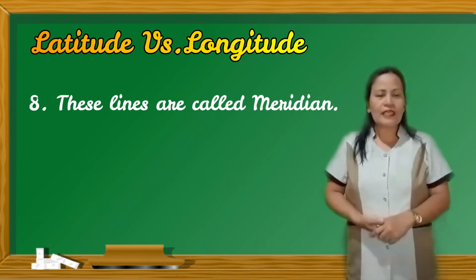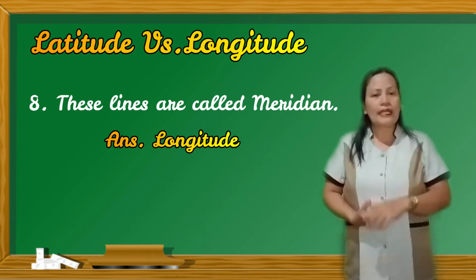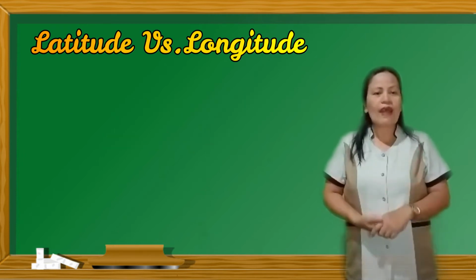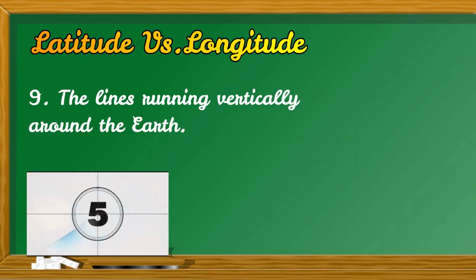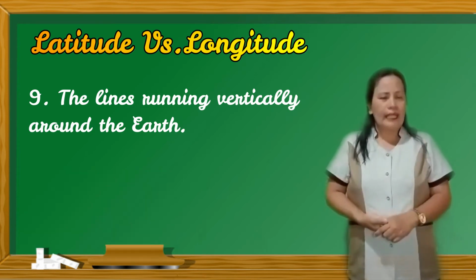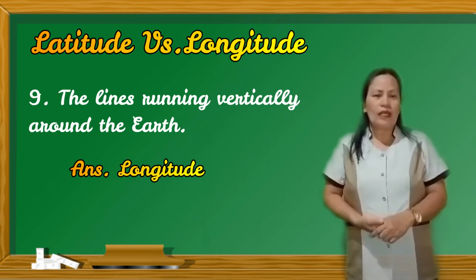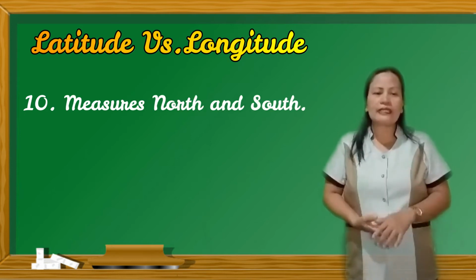The correct answer is longitude. Number 9. The lines running vertically around the Earth. Amazing! The answer is longitude. And for number 10, measures north and south.